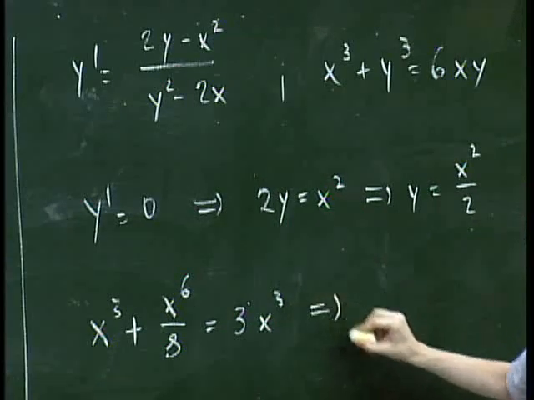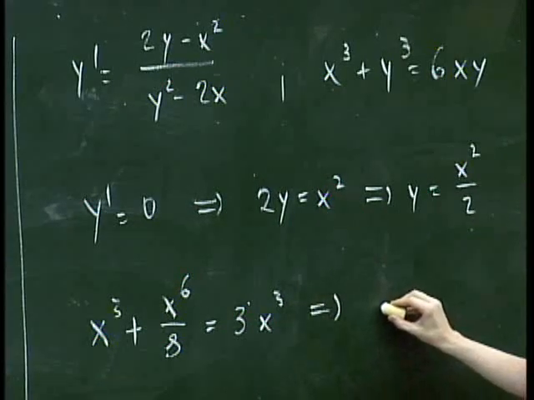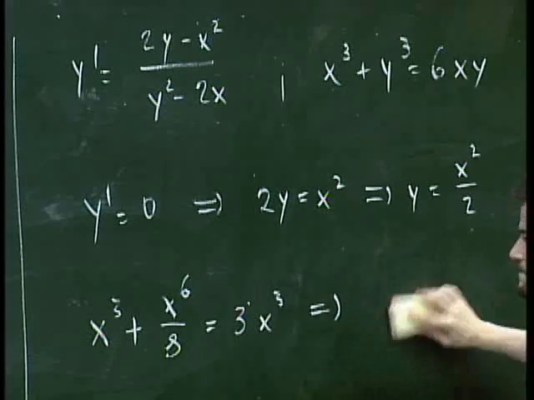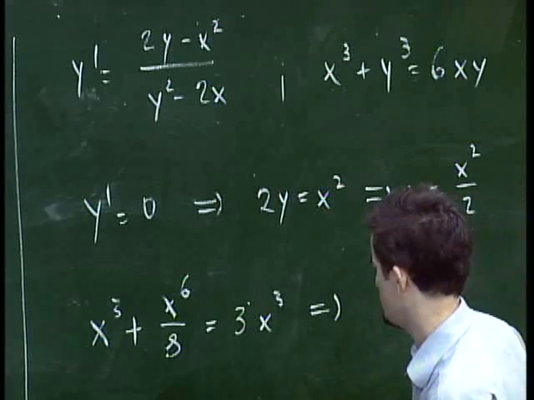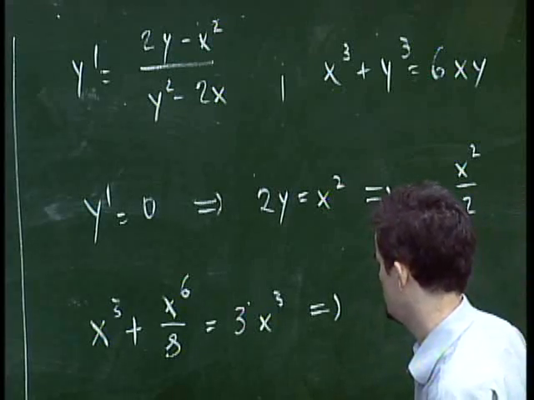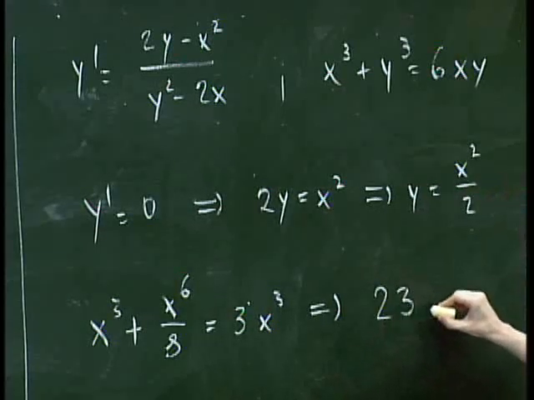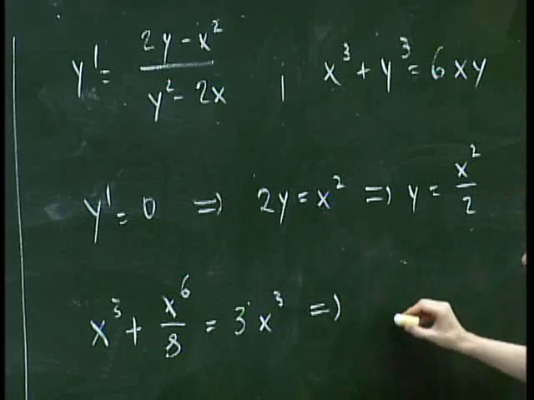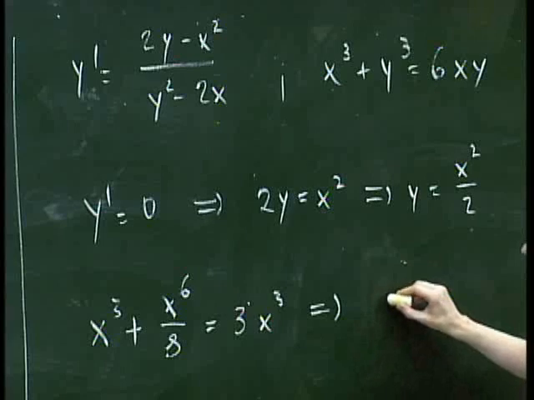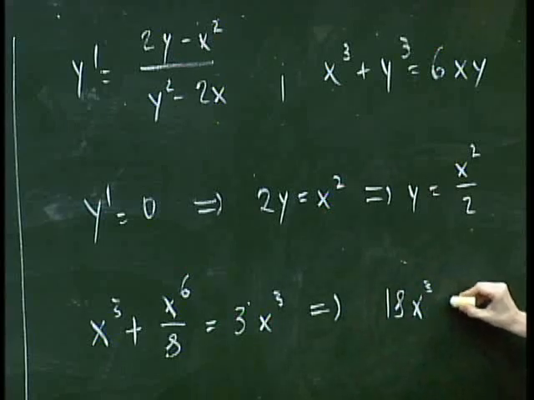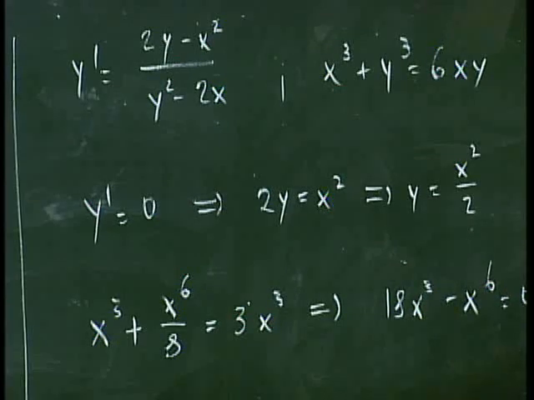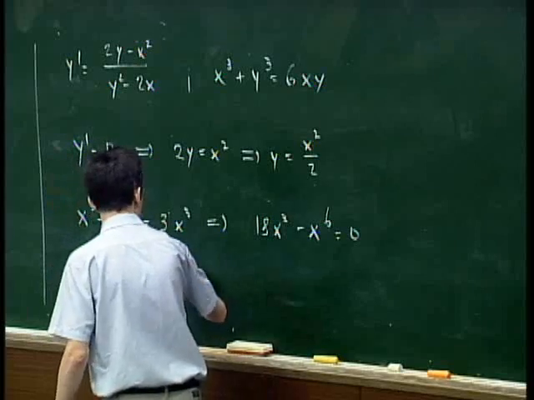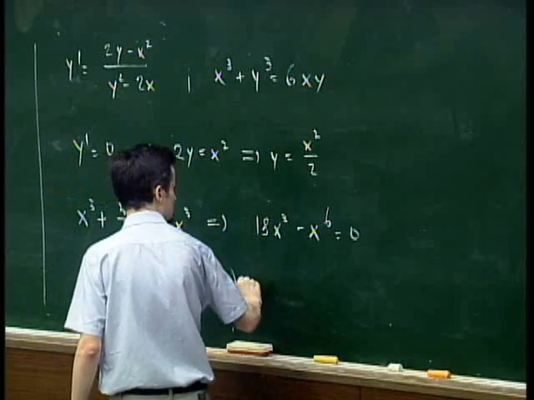Okay, so from this you get 18 minus x to the 6 is equal to 0. Now you can take out x cubed, and you have 18 minus x cubed is equal to 0.